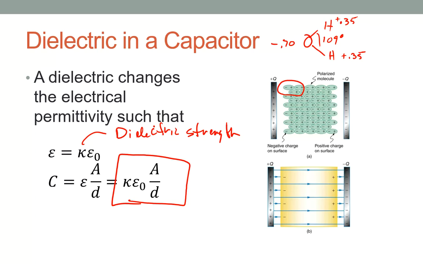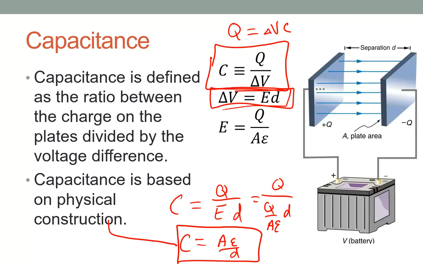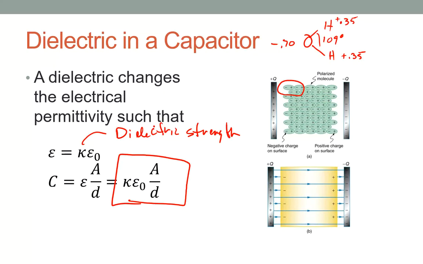So backing up a step, physical dimensions define the capacitance value. And it's just dependent on the area of the plates and the separation of the plates and the permittivity of the space between them. The dielectrics allow us to raise the permittivity, which allows us to raise the capacitance for the same physical dimensions.